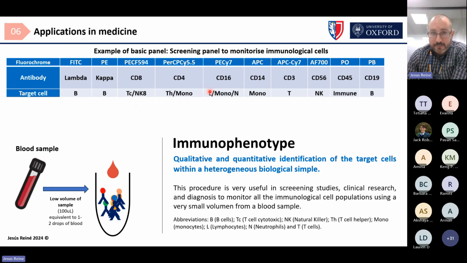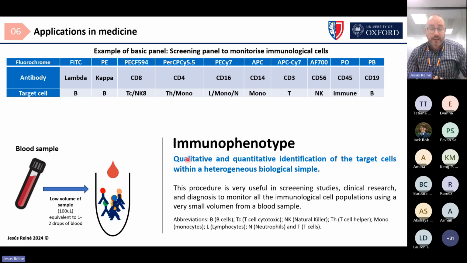All this process to identify all these cells and characterize all of them independently is called immunophenotyping. Immunophenotyping is one of the most relevant tools in clinical research. It's one of the most relevant methods used today to identify and characterize any target cells in a qualitative and quantitative way.